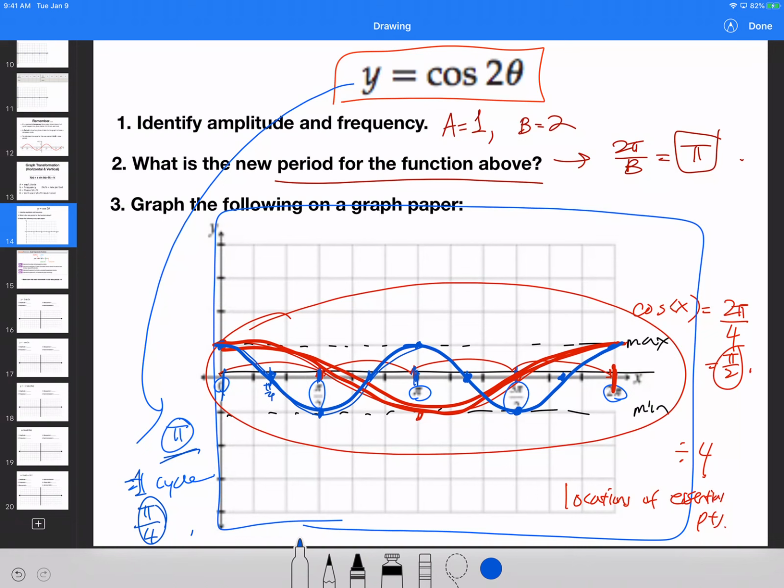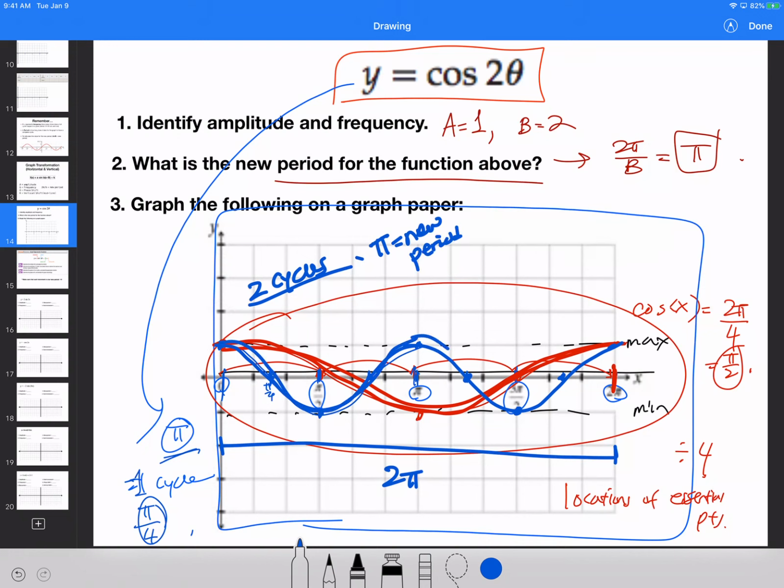So in the same frame of 2 pi, I have 2 cycles completed, or pi is my new period. So I have 2 full waves instead of having just 1. Okay?